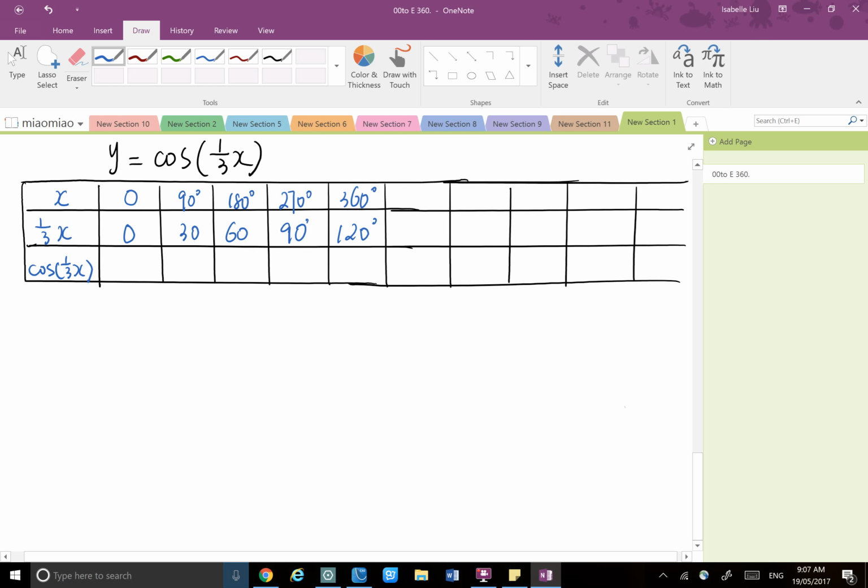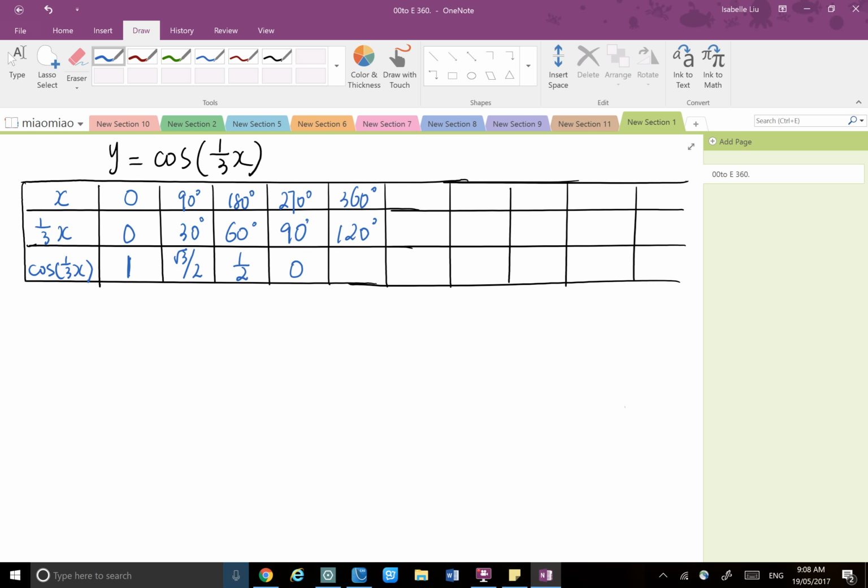What's cosine 0? 1. Cosine 30? Square root 3 over 2. Cosine 60? A half. Cosine 90, 0, and cosine 120.